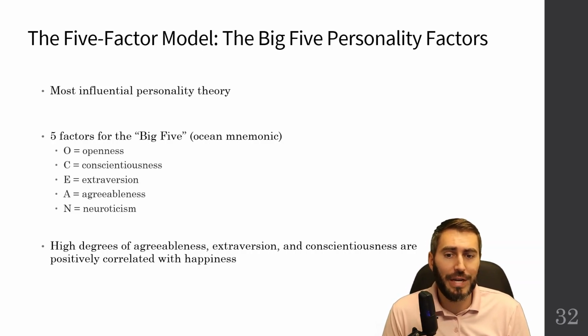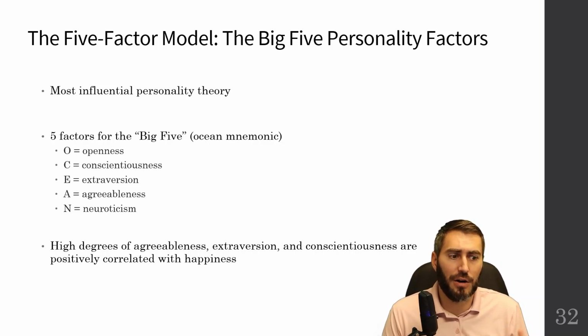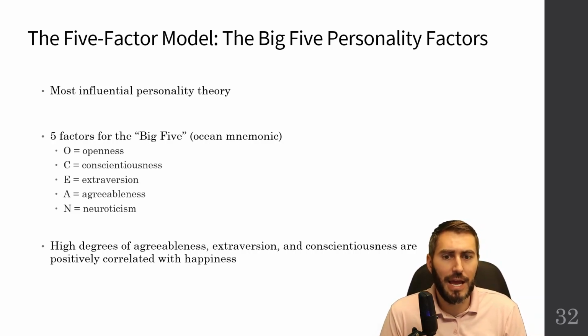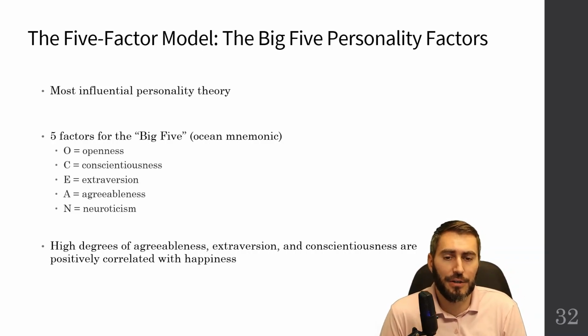And so we can see these 5 factors are O for openness, or basically how open one is. C for conscientiousness, basically being able to be aware of things that they need to do and working towards completing things. E for extroversion, and that's extroversion and introversion all on one linear scale.